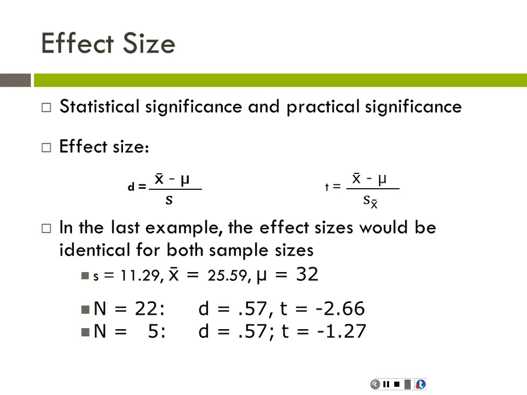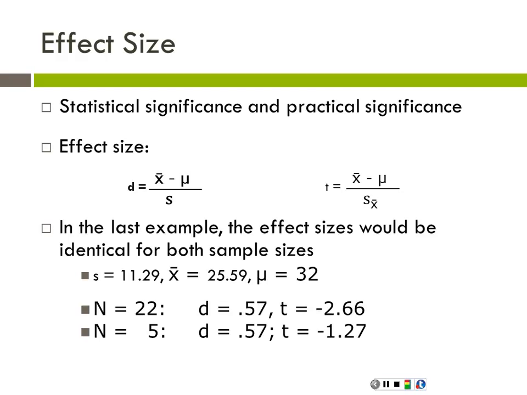And so you can see that for both of our example sample sizes down here, the standard deviation is the same. The mean is the same. And you can see that when we actually go through and calculate this, our d values are the same.